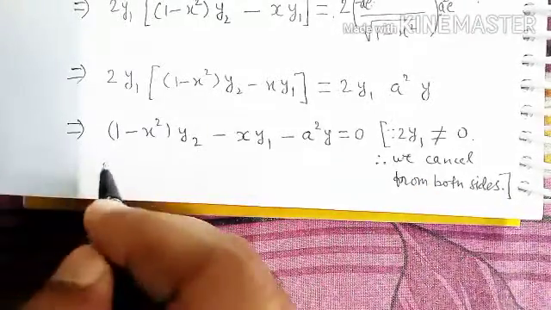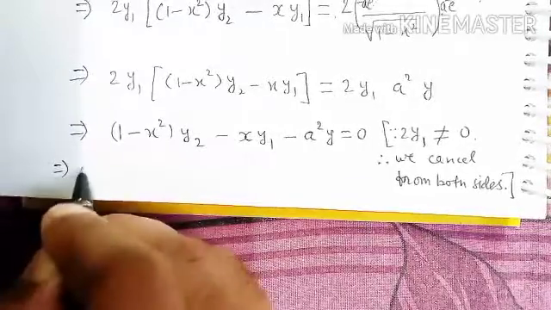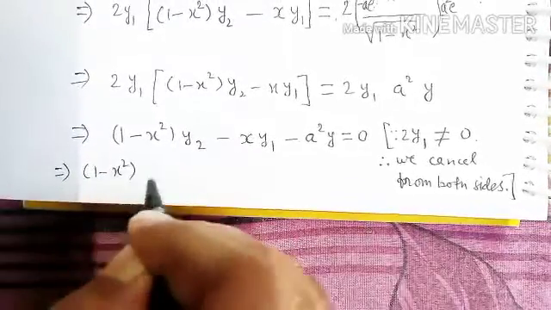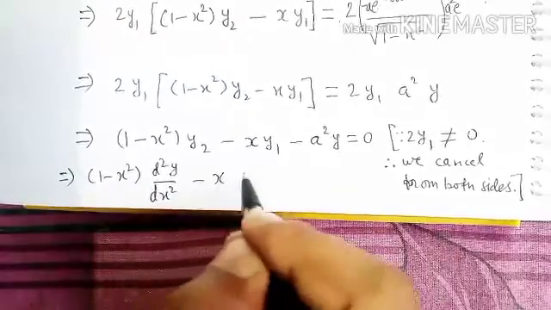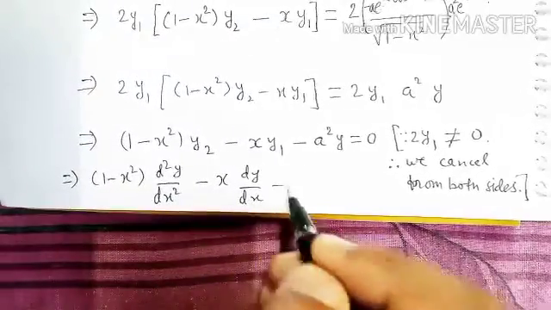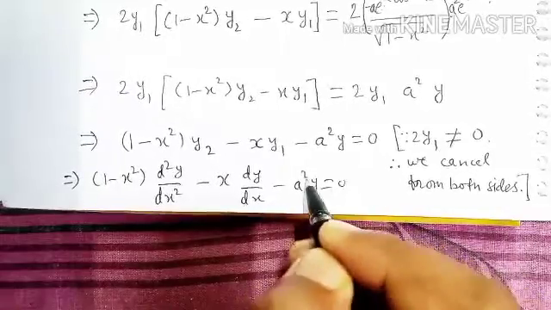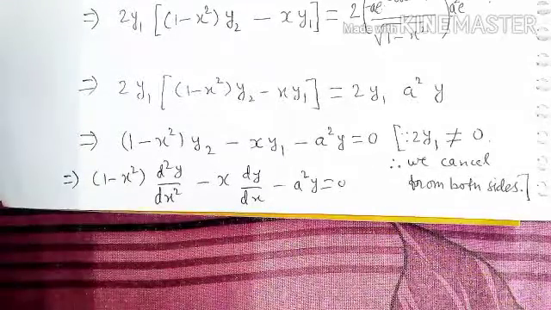Now this is 1 minus x square d2y by dx square minus x dy by dx minus a square y is equal to 0. This was to be shown.